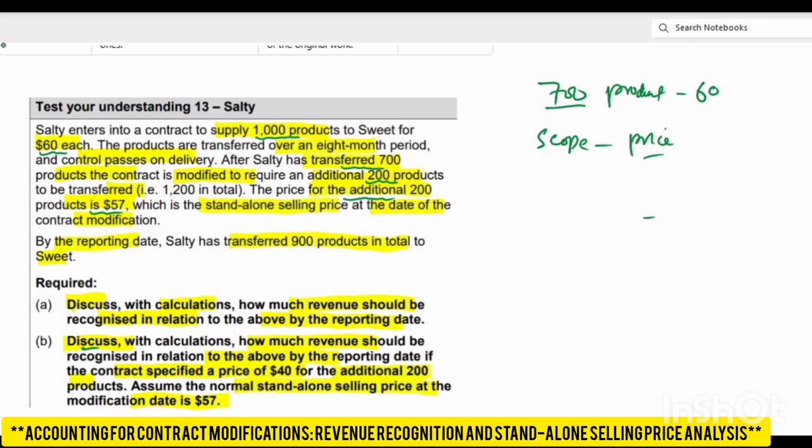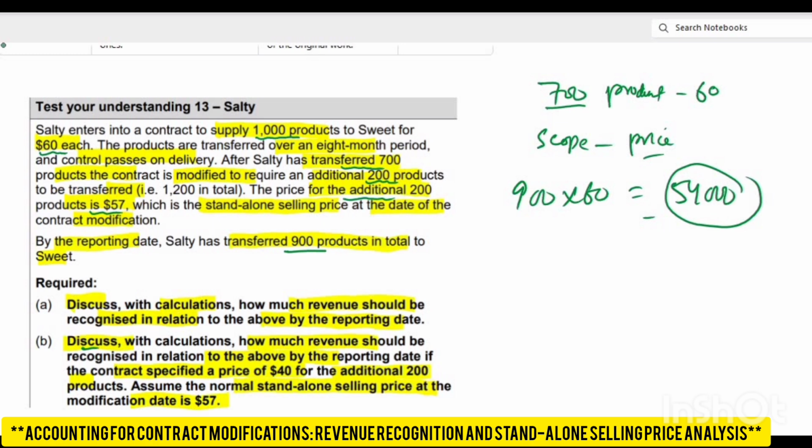Okay, so actually they have transferred 900 products. So 900 multiplied by $60, you will have 54,000 revenue at the reporting date.